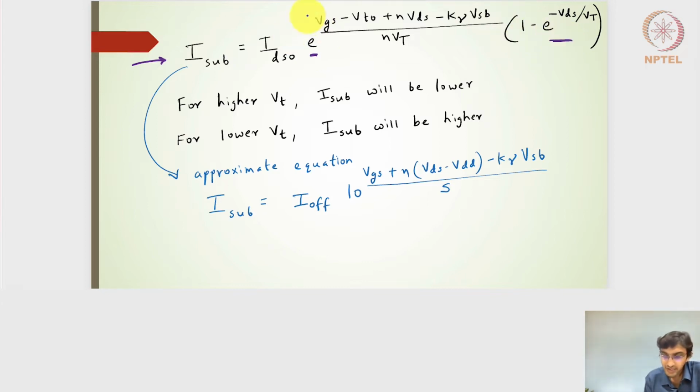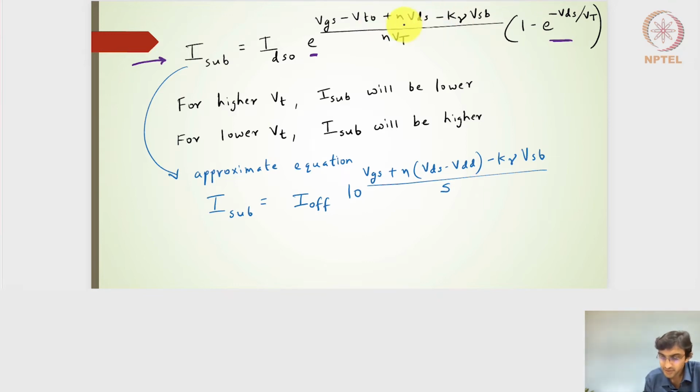There are a lot of voltage references. The VGS, as we know, is the gate to source voltage. VT0 is the absolute threshold voltage. VSB is the source to body voltage. VDS is again the drain to source voltage. VT is the thermal voltage, which is nothing but kT by q.